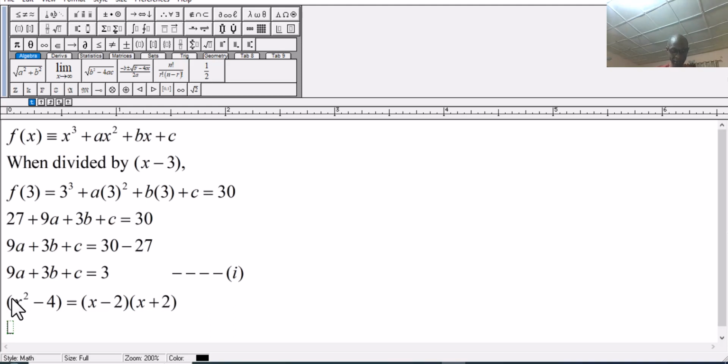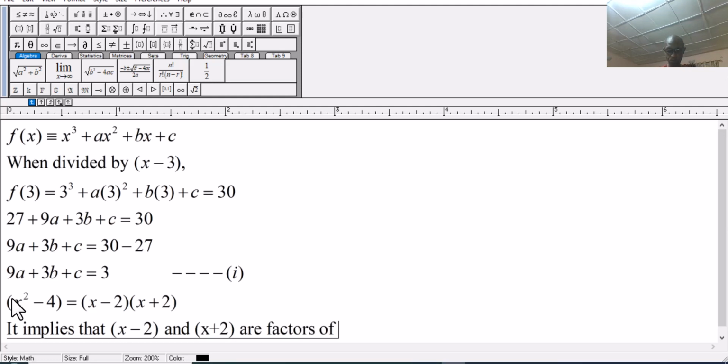It implies that x minus 2 and x plus 2 are factors of f of x. That means there won't be any remainder if we use x minus 2 and x plus 2.